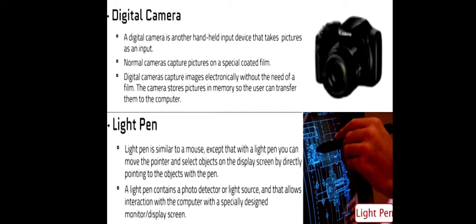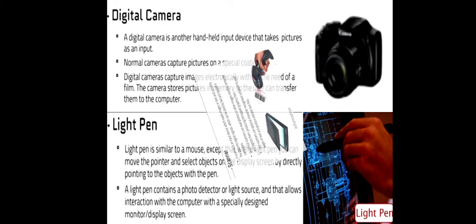Light pen, it is also similar to a mouse. With the light pen, you can move the pointer and select the objects on the display screen. It contains a photodetector or light source which allows interaction with the computer. Specially designed monitor or display screens are used for the light pen.